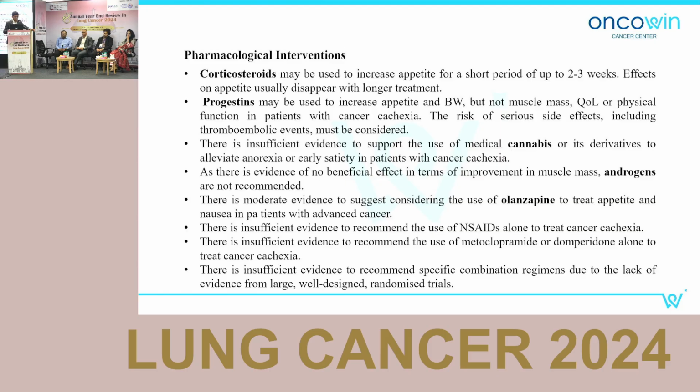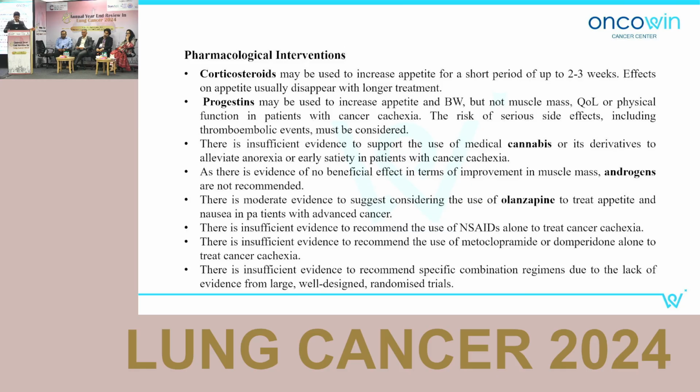As you pointed out, corticosteroids, progestins, olanzapine, they have shown some benefit, some with evidence, some with retrospective data, that they do improve. Some would improve appetite, some would improve weight, but most of them are not able to improve muscle mass.